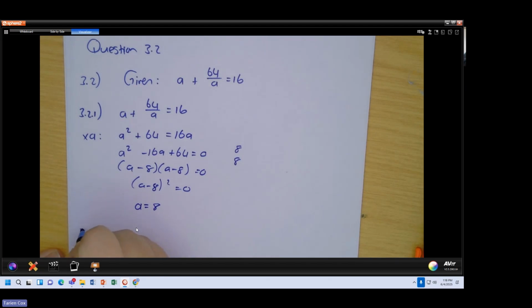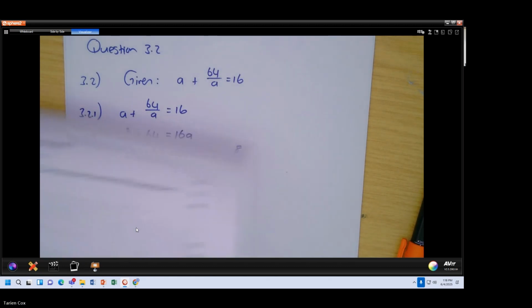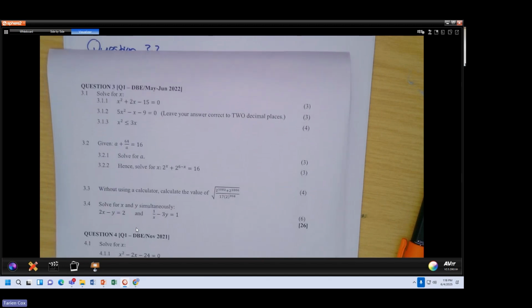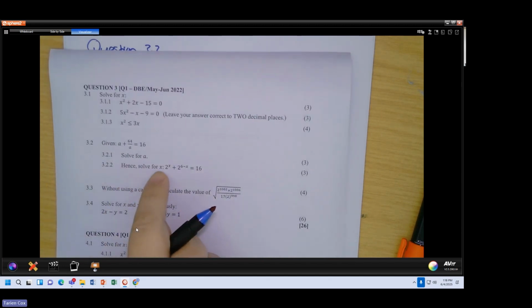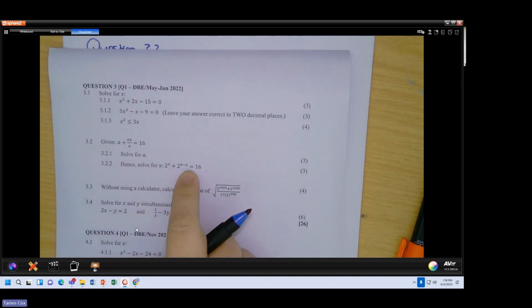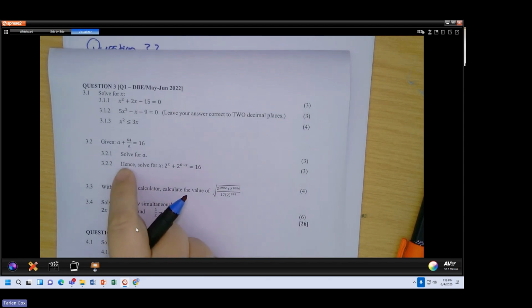Then the second question. They say, hence solve for x if you have this. The fact that they tell you hence is your guide to know that you are going to use your previous answer to solve the second question. And I will show you where we're going to use it.